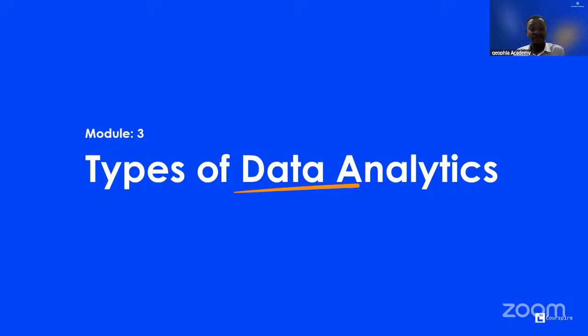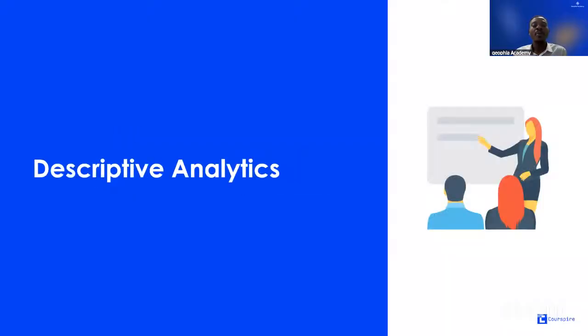So every time in data analytics, you may be doing one of the following. One, predictive analytics. The purpose of this is it focuses on summarizing historical data to identify patterns and trends. It tries to answer the question, what happened?